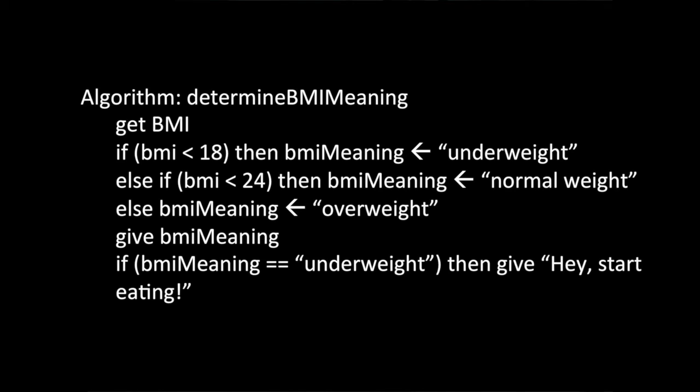What's interesting about this algorithm is that the assignment into BMI meaning depends on the value of BMI, so that the table, when you do the trace, will have to look at the value of the variable BMI in order to understand what should go into the variable BMI meaning.